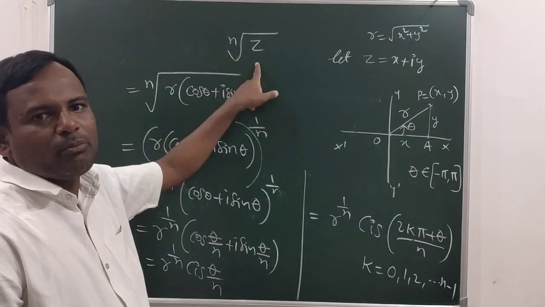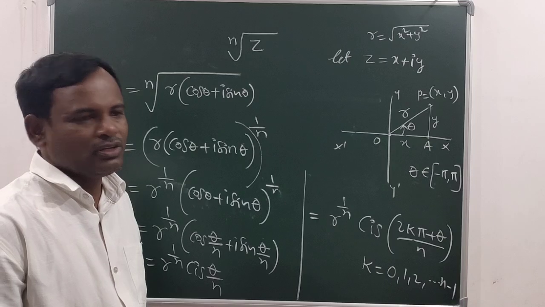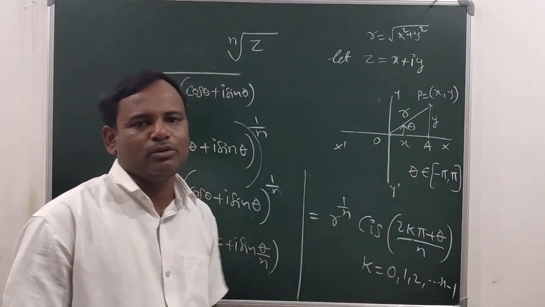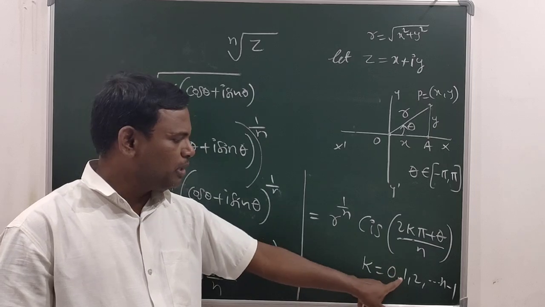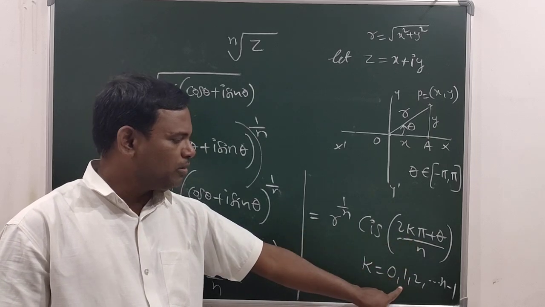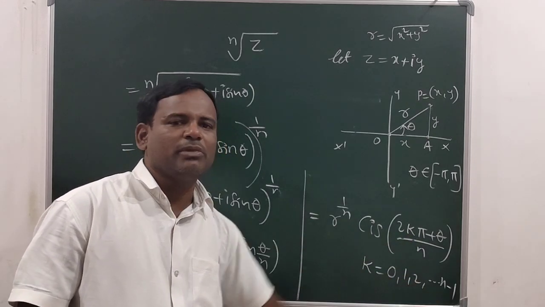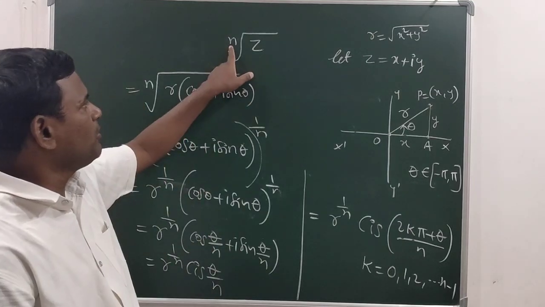The nth root of a complex number will give n roots. If you keep k equal to 0, you get one root. If you keep k equal to 1, you get one more root, till you substitute n minus 1. So you will get n roots from here.